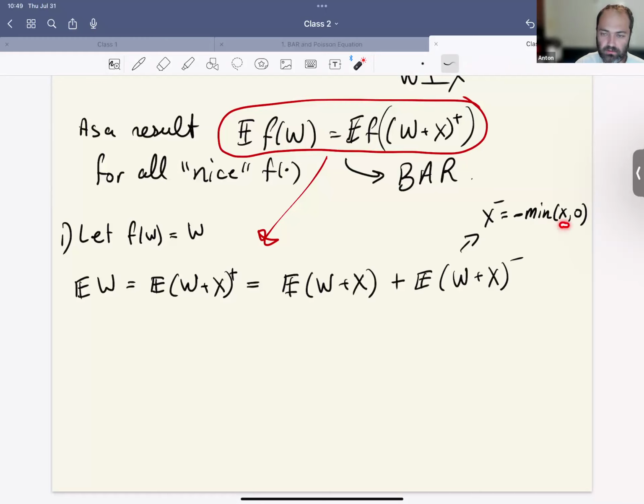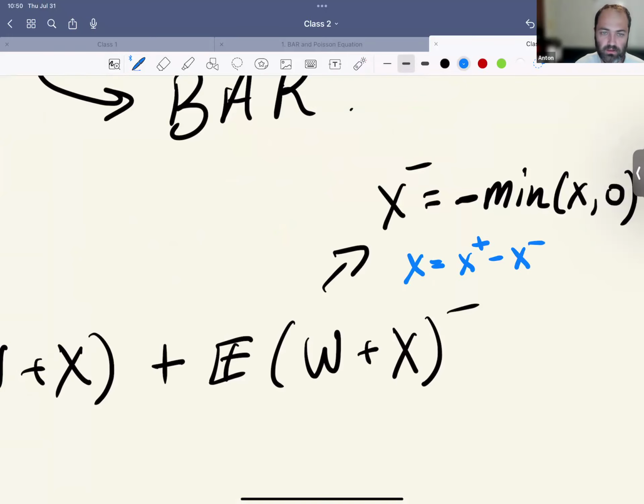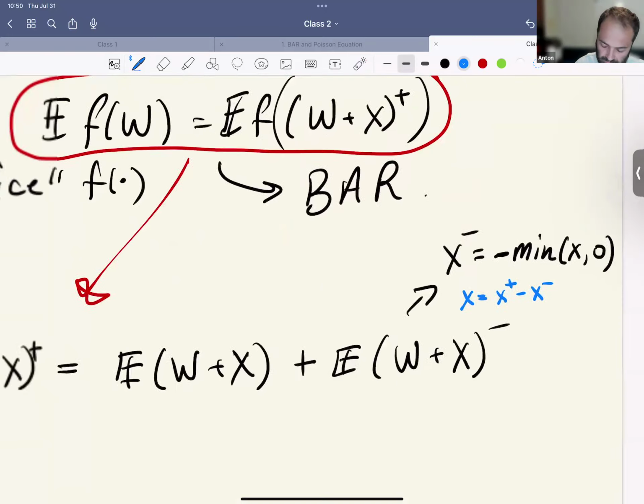When X is negative, this is telling us how negative it is, but the quantity is always positive. And if we have X, it is always equal to the positive part minus the negative part. So this is how I'm deriving that first equality.